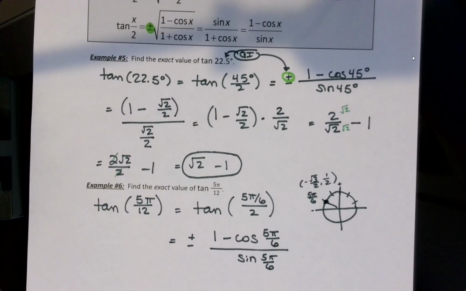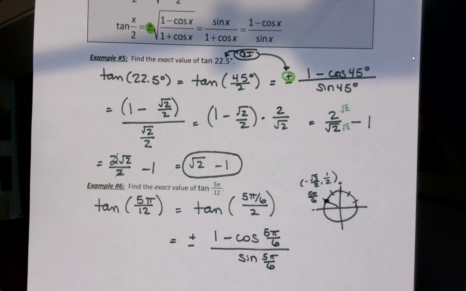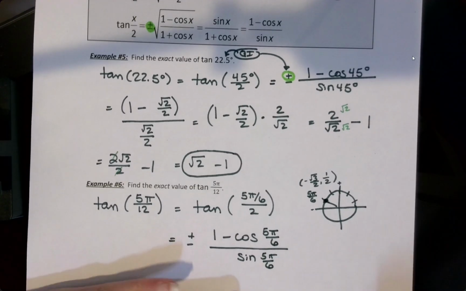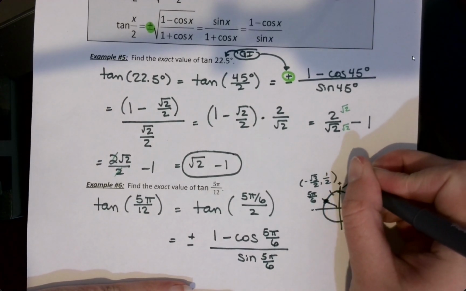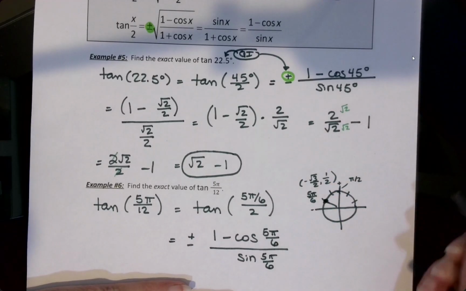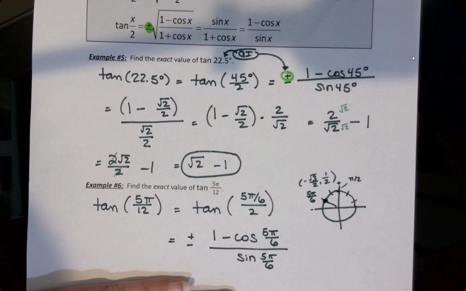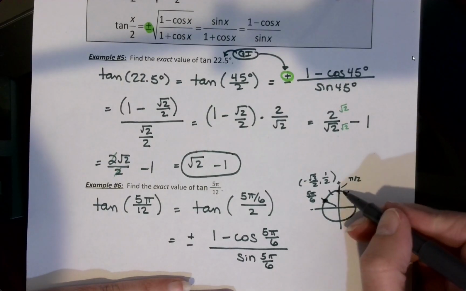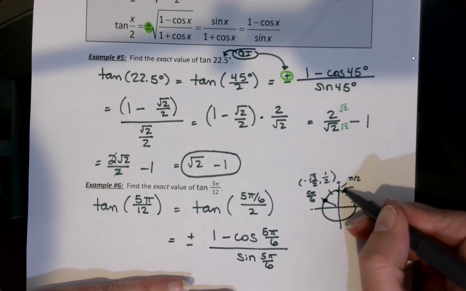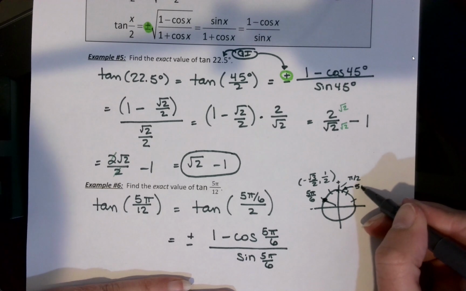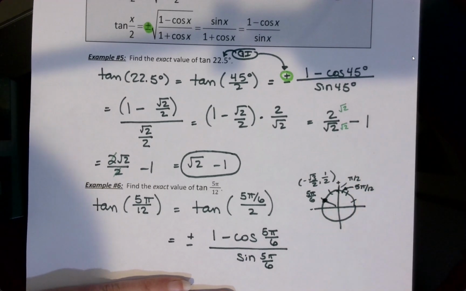Now, I know where 5 pi sixths is, but I need to know where 5 pi twelfths is. So remember that this right here is pi halves, and 5 twelfths is less than a half. A half would be 6 twelfths. So somewhere around here is the original angle, 5 pi twelfths.